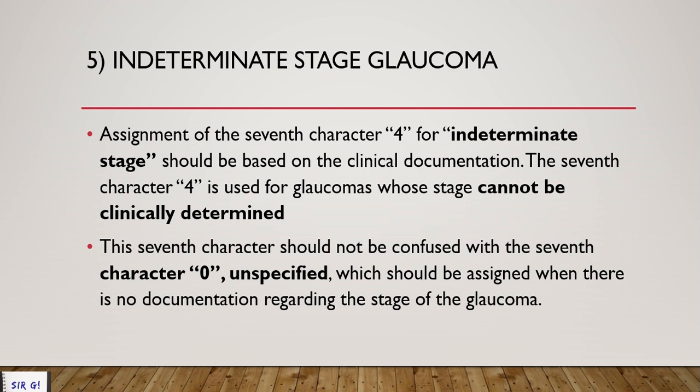Remember, you can use 7th character 4 if it is stated that it is clinically not determined. Unlike with 7th character 0 unspecified, if the provider only documents glaucoma and there's no specification at all of the stage, then we may end up using unspecified.